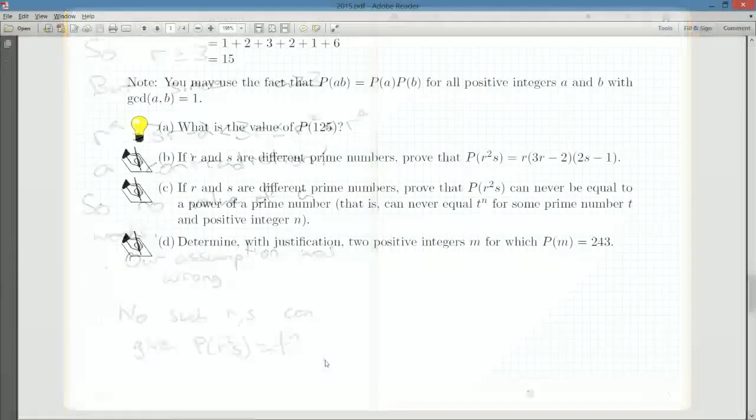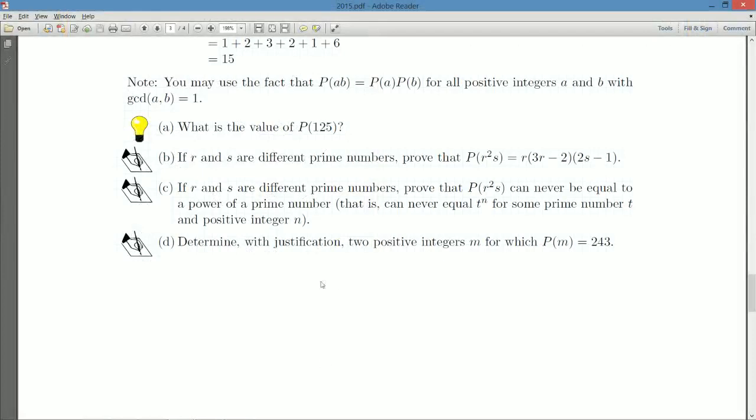So that was C. We still have a little bit more work to do because we have D part we have to work with. Determine with justification, this is D part now, 2 positive integers m for which p of m is equal to 243. Now 243 is another number that I notice.